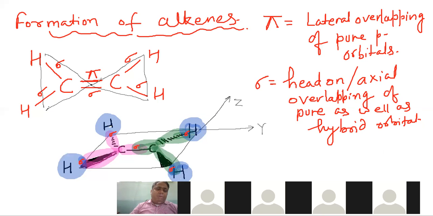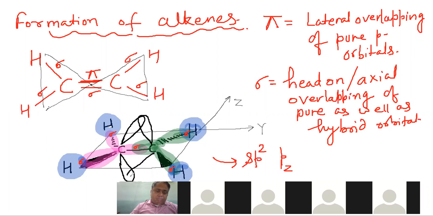Now from where is this pi bond formed? In sp2 hybridization, one p orbital remains unused. This unused p orbital above the plane and below the plane overlaps and forms a pi bond.